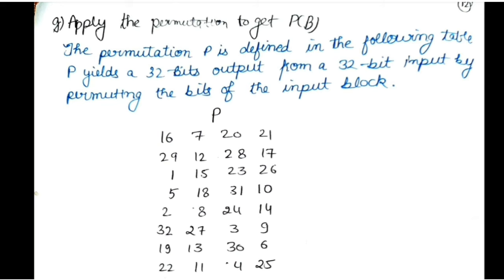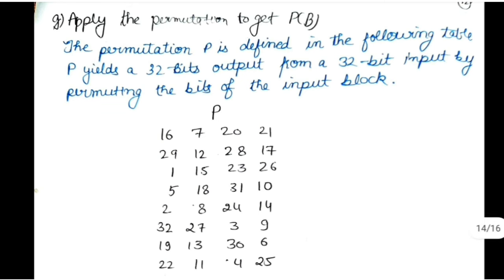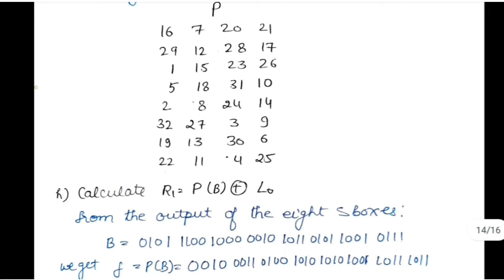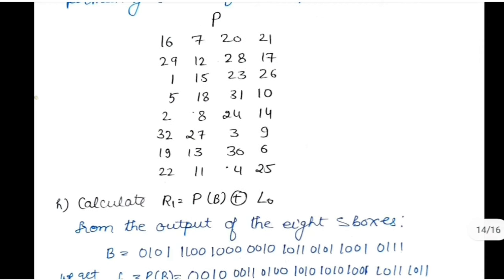The next question in our problem is to apply the permutation to get PB, and the permutation P is defined in the following table, yielding a 32-bit output from a 32-bit input by permuting the bits in the input block. So B is the input and we will permute it according to this: the 16th bit of B will be the first bit after permutation, and the 25th bit of B will be the last bit after permutation.